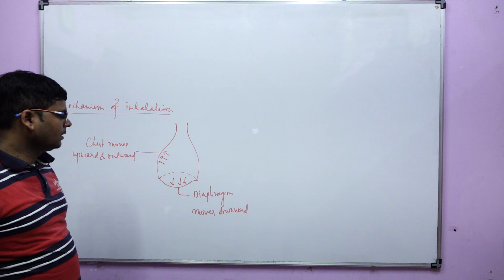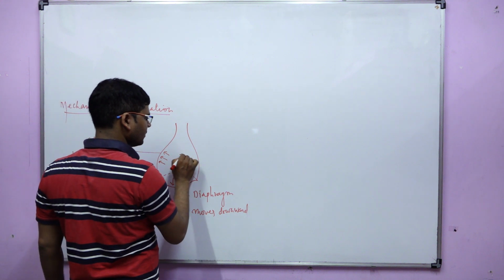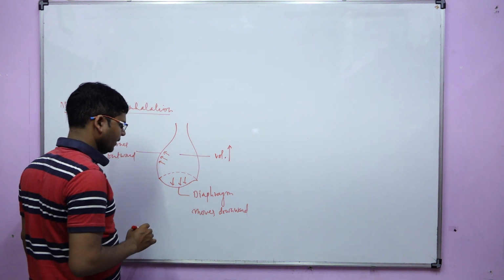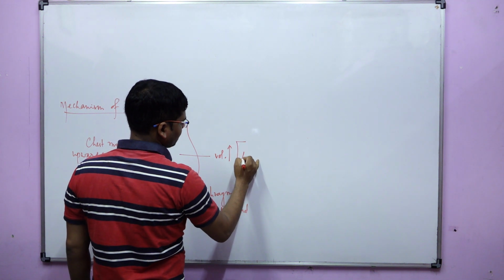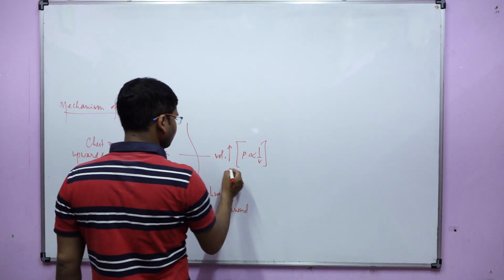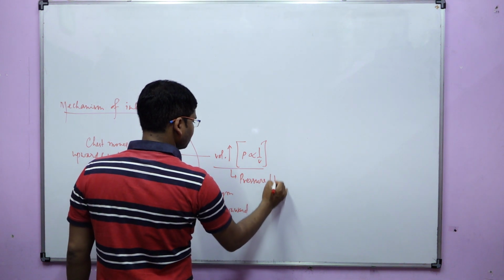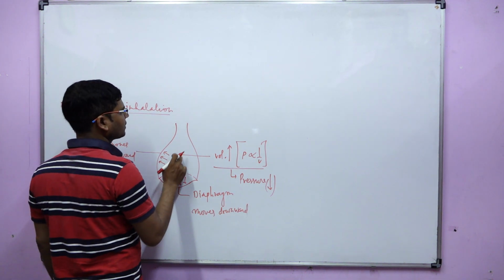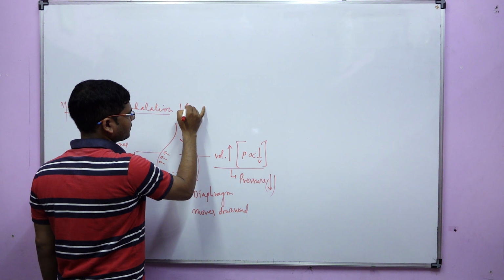So when these two movements occur simultaneously, volume increases, and you know well that pressure is inversely proportional to volume. So since volume is increasing, what happens? Pressure decreases. So when pressure decreases, there is low pressure compared to the atmosphere, then what happens? Air gushes into the lungs.